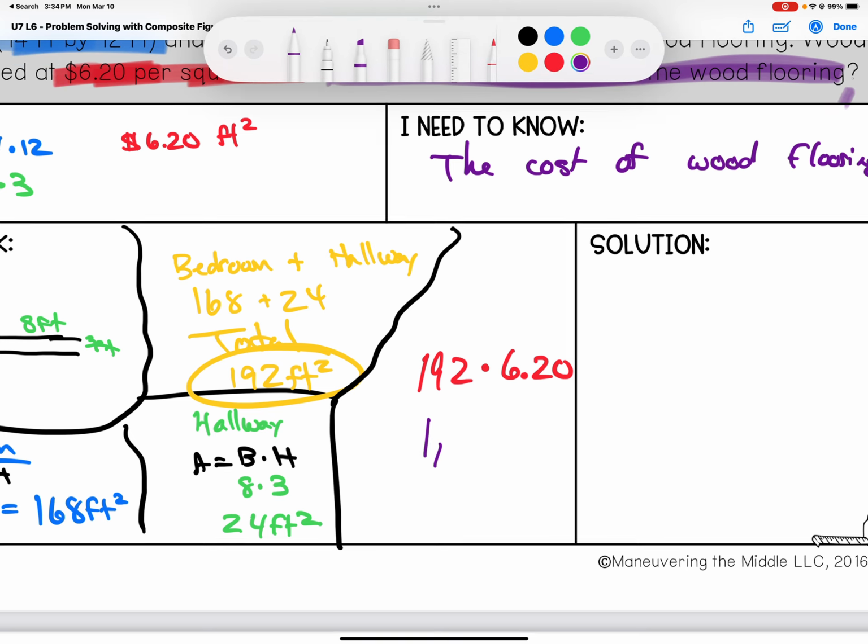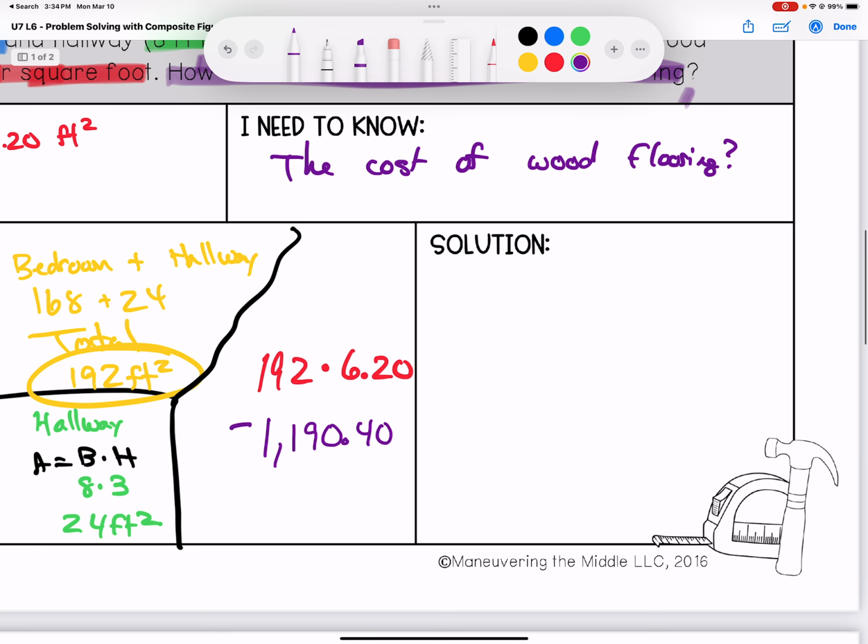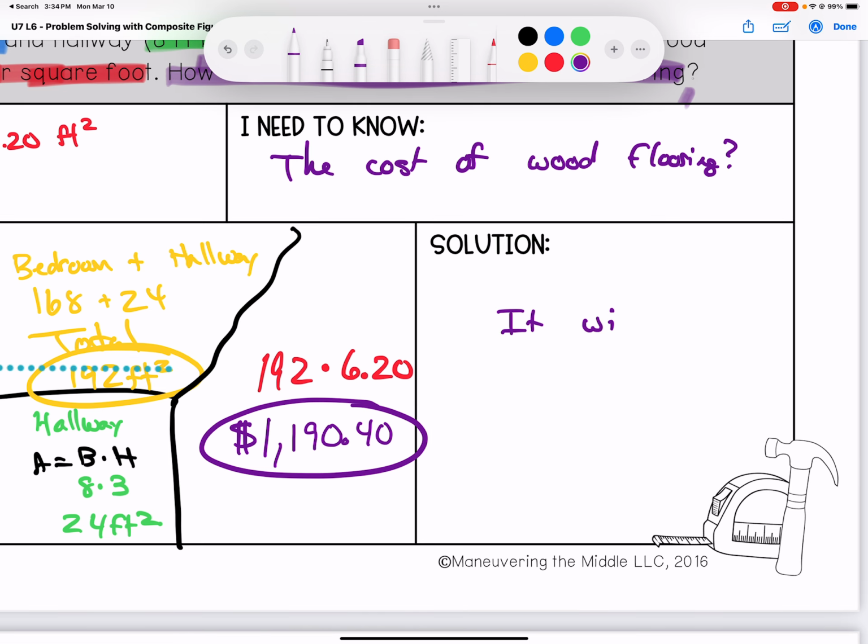It's going to be 1190.40. And again, we're dealing with cost, so that's going to be money. So the answer is it will cost $1,190.40 for the flooring.